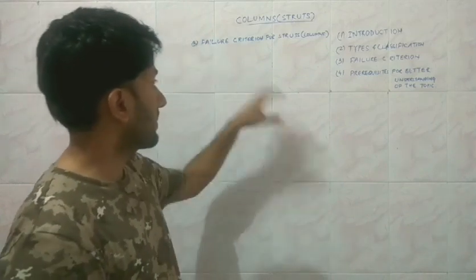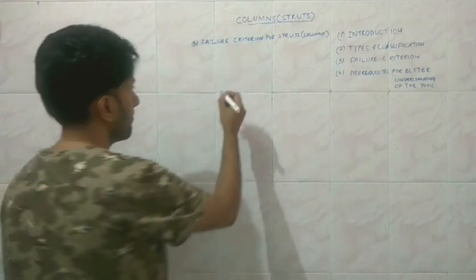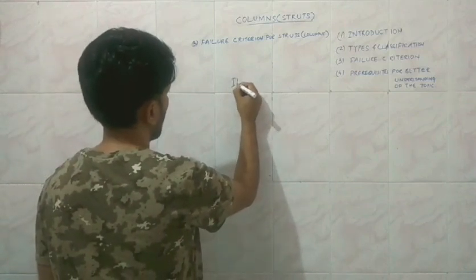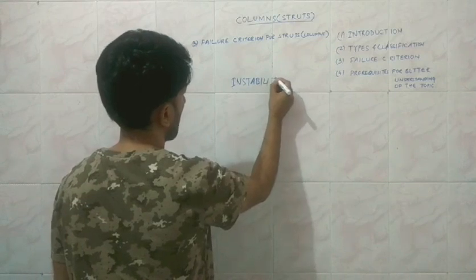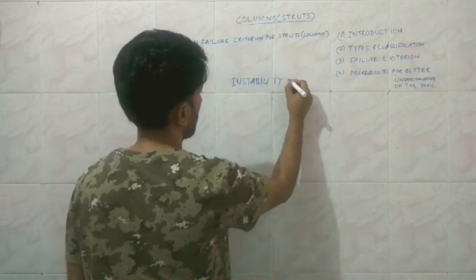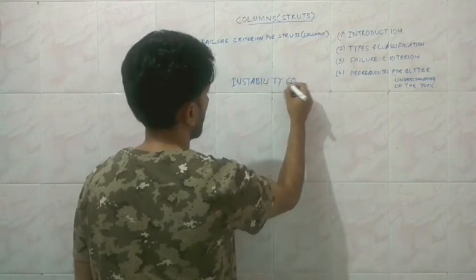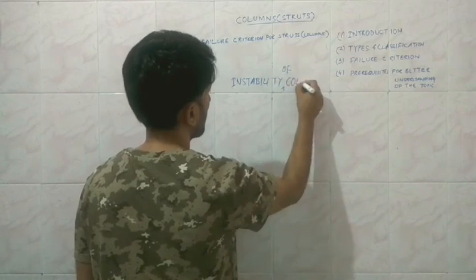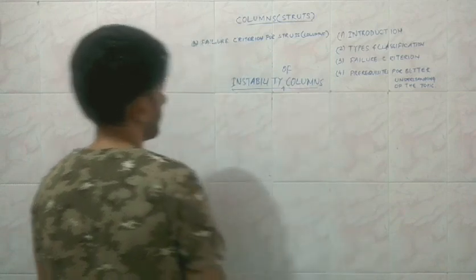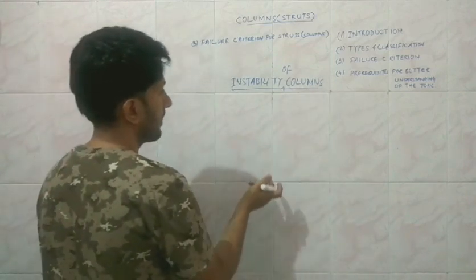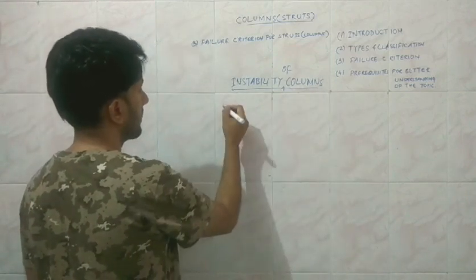So in order to better understand the instability of columns, we will consider the associated equilibrium conditions.